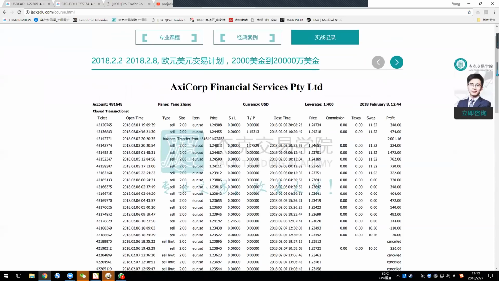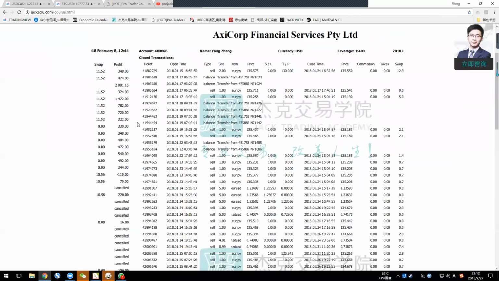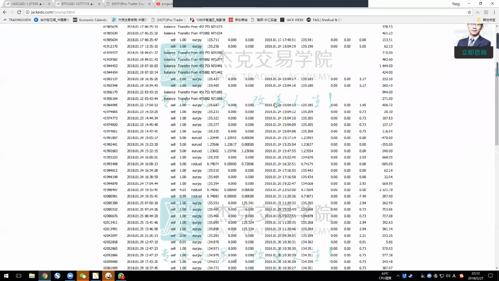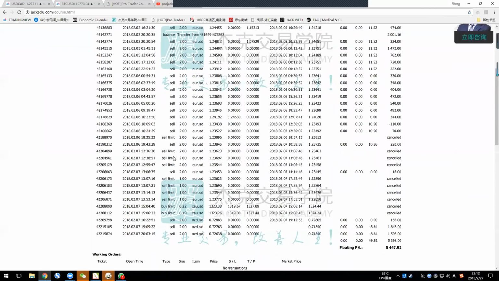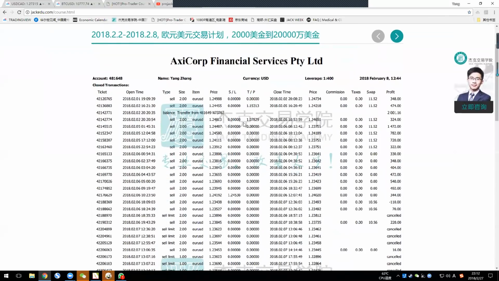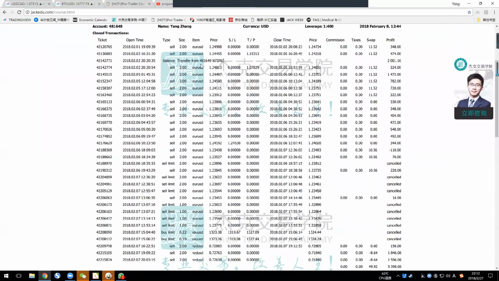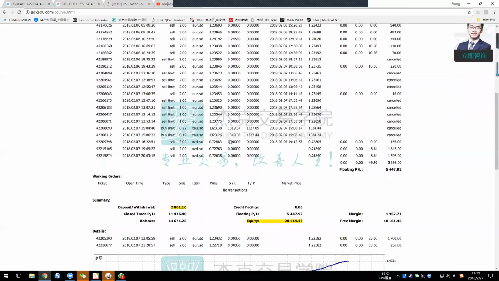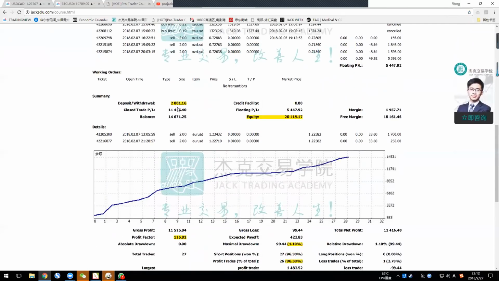From February 1st to February 7, 7 days, by just taking the Euro dollar short, my equity grew from 2,000 to 20,000.